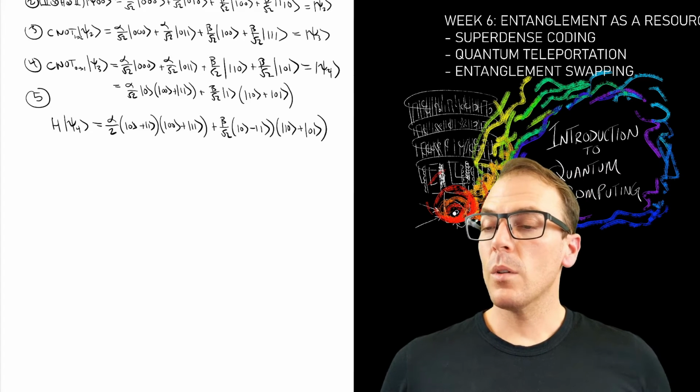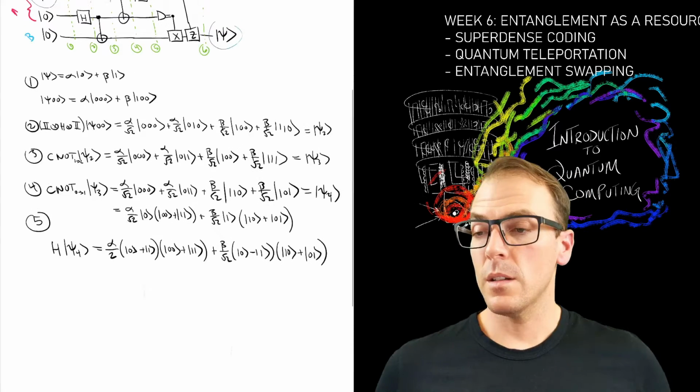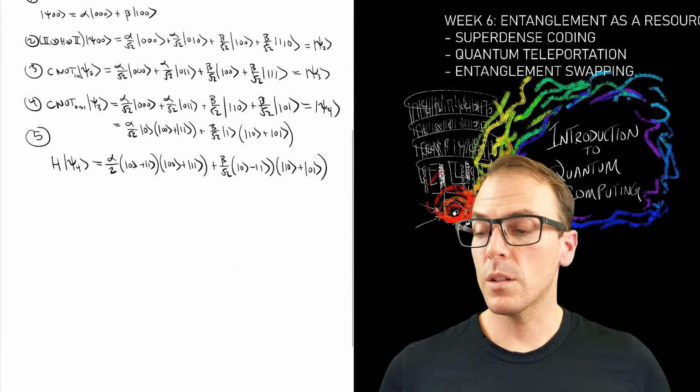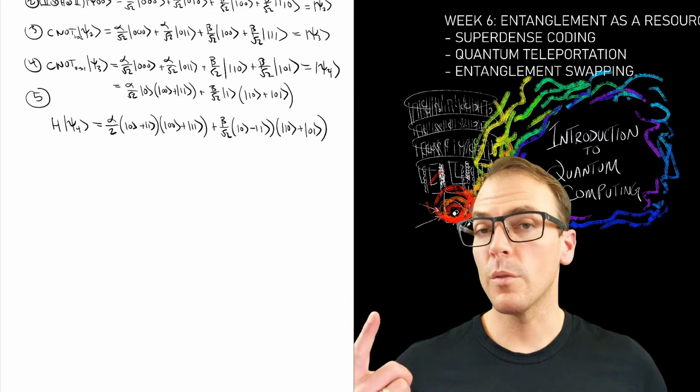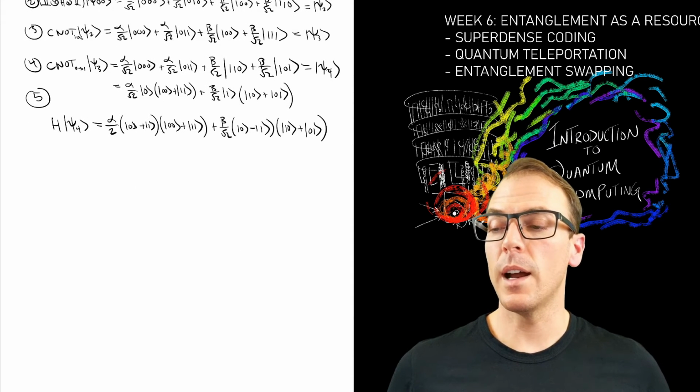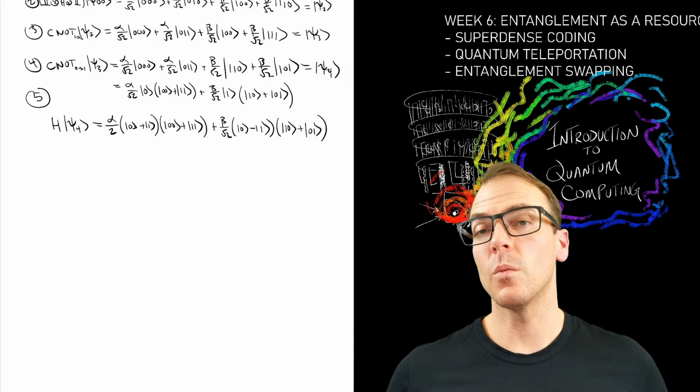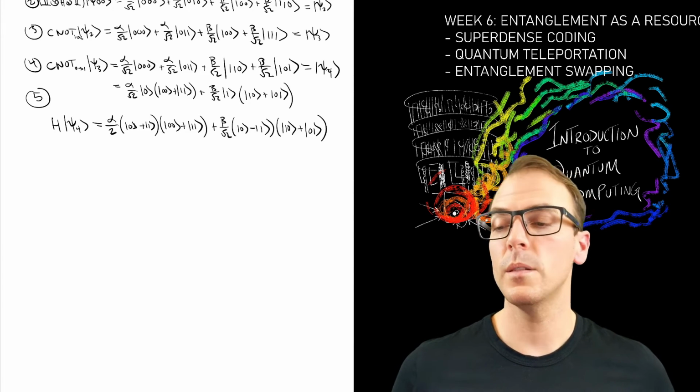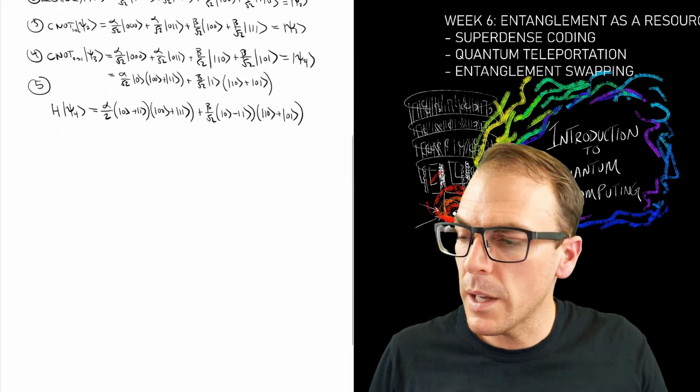Alright, now we're going to perform a measurement. So the measurement is going to result in one of 4 outcomes. So either Alice will see 0, 0, 0, 1, 1, 0, or 1, 1. Let's expand this out.